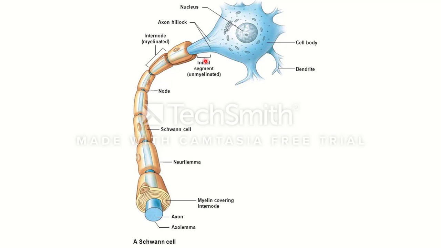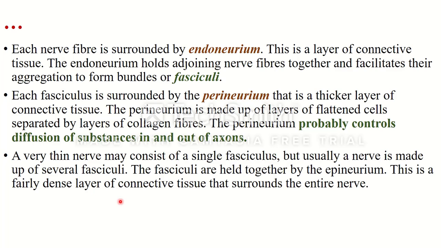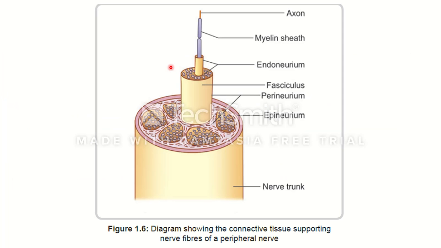So this is a fiber or axon, and you can see the segments of myelin sheath around the axon. I will talk about the myelin and myelination in future for you. You can see one axon here and the myelin sheath around the axon. Still, this axon and myelin sheath are surrounded by a connective tissue.